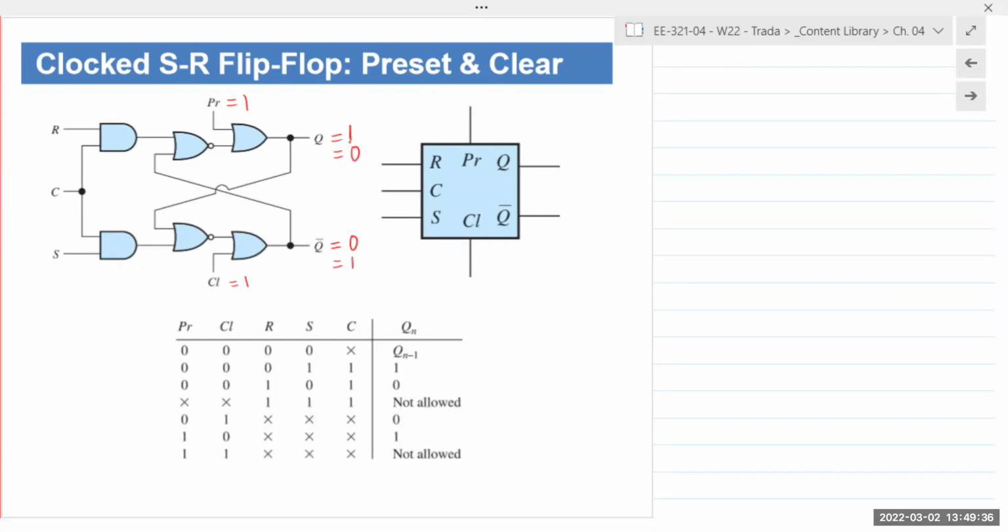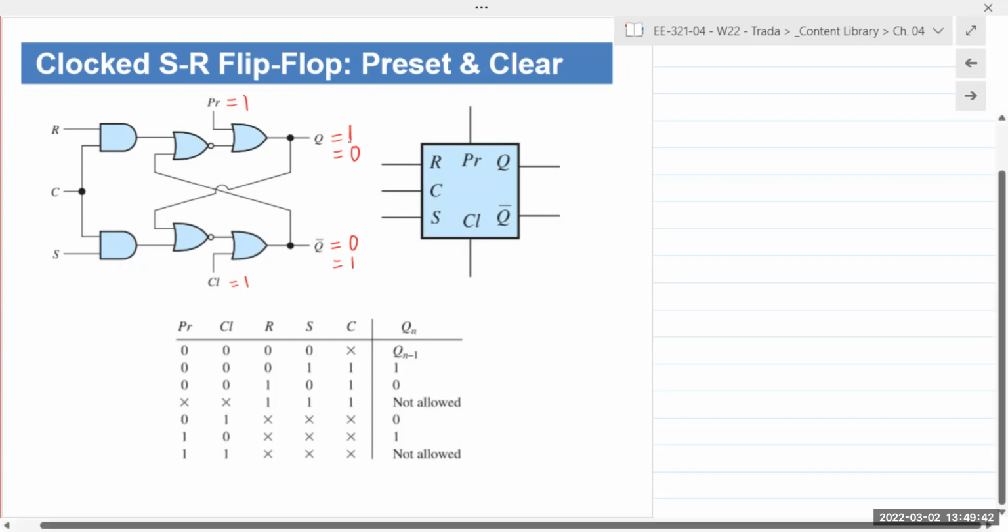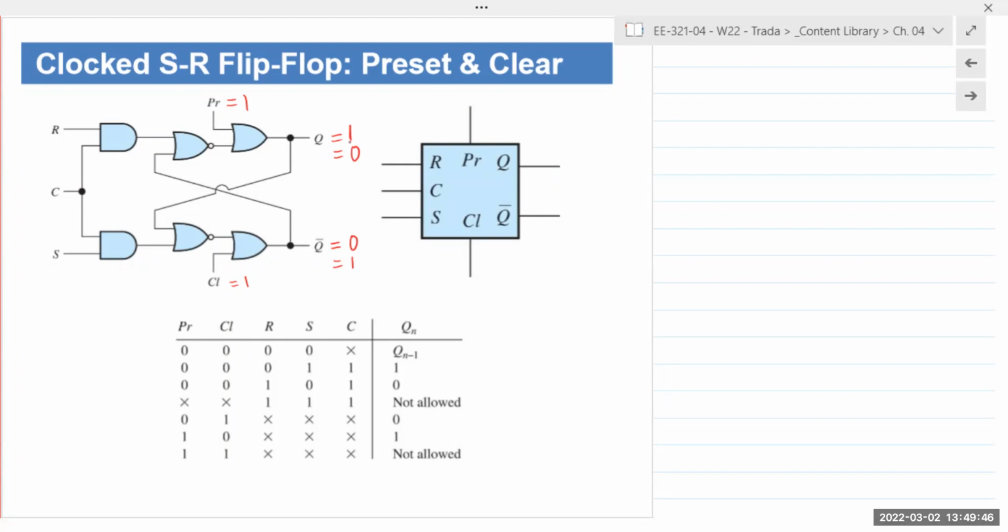So clear does the same thing, but on the other side. Preset means it presets Q as 1. Clear means it clears out the output and sets it to 0. Kind of like how I restarted the computer right now, and I cleared out everything from the memory. It's kind of like that.